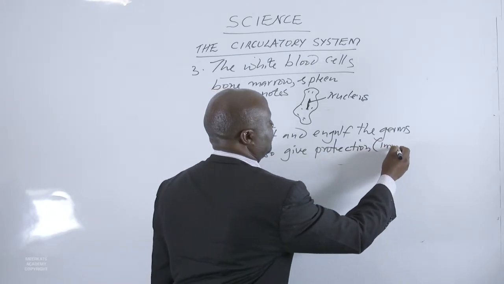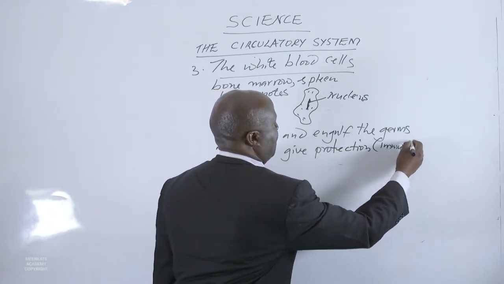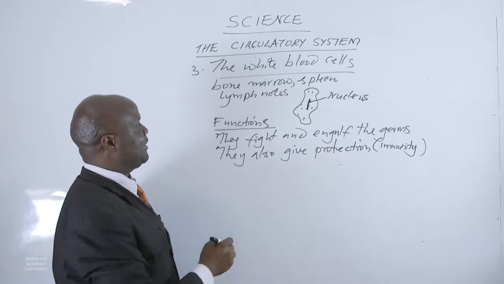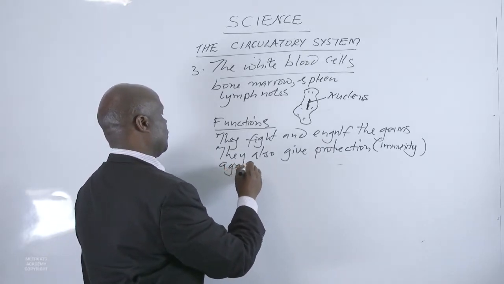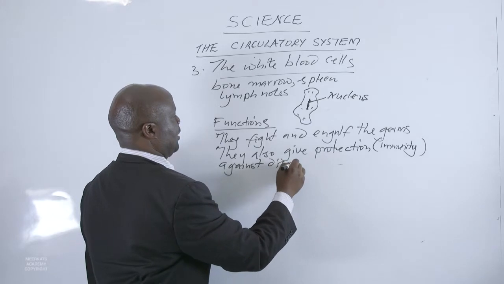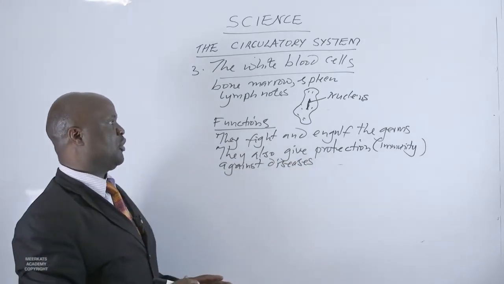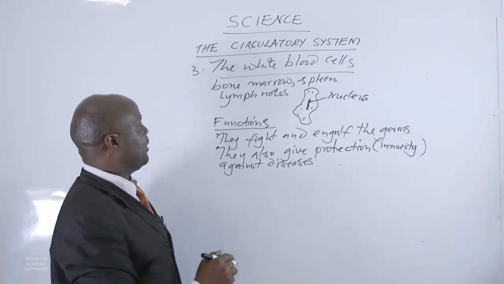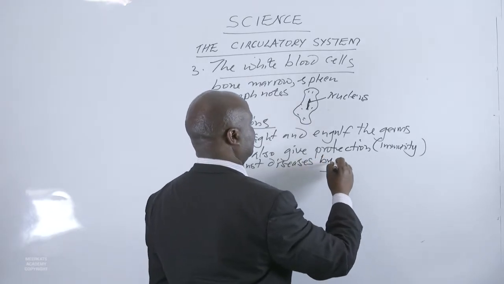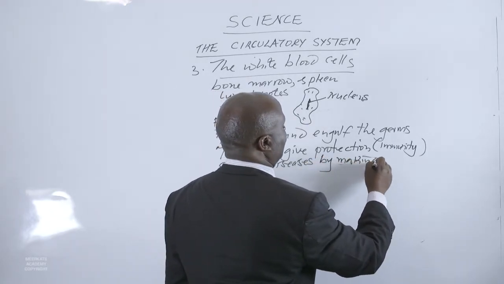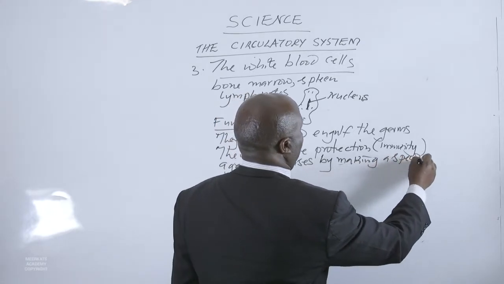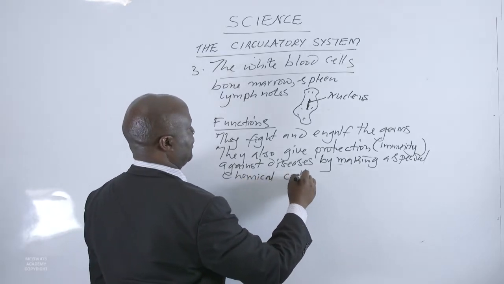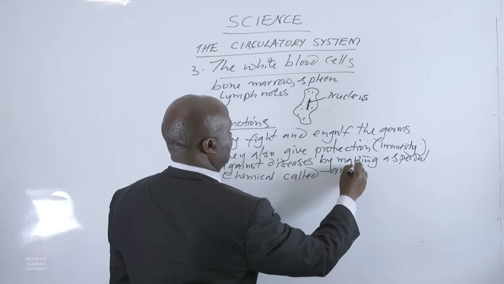They give protection in form of immunity against diseases by making a special chemical called antibodies.